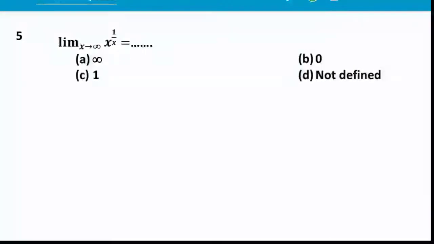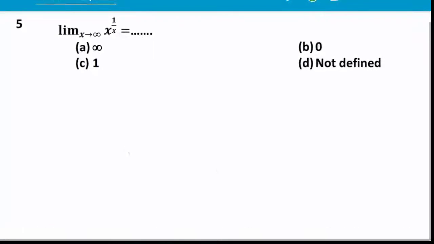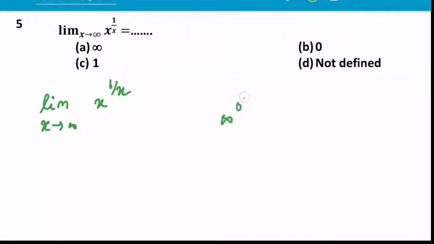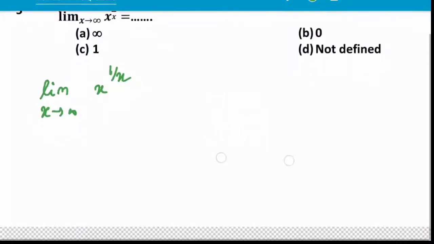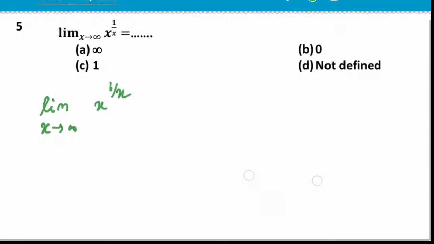This is a very intelligent question. Given is limit x tends to infinity of x to the power 1 by x. If we put infinity simply, this will be infinity to the power 0. This is undefined, and as this is undefined, we have to form an indeterminate form so that we can apply L'Hospital's theorem.